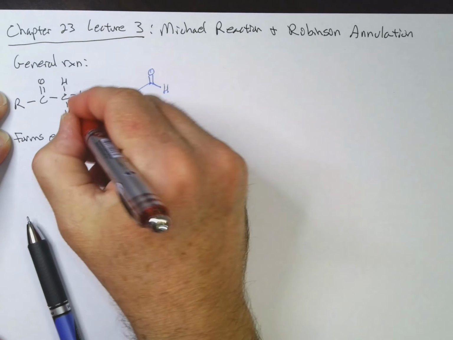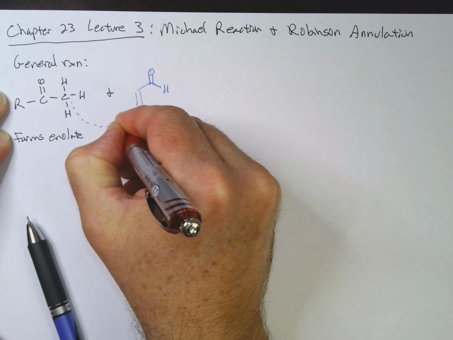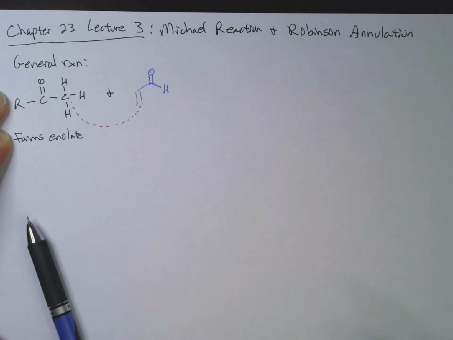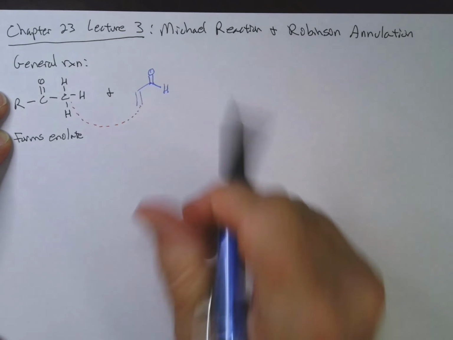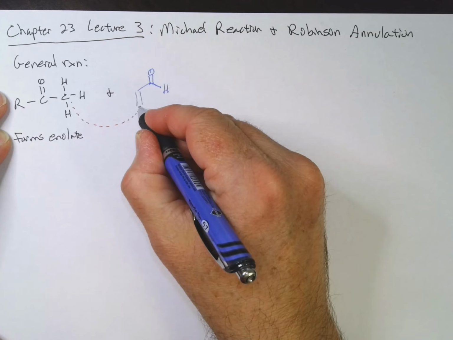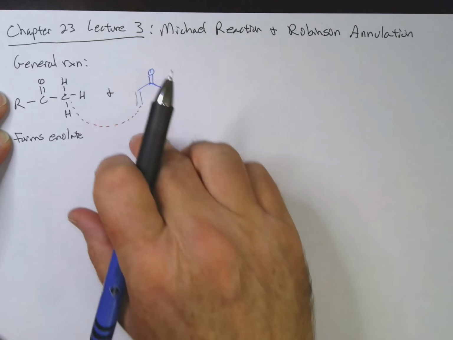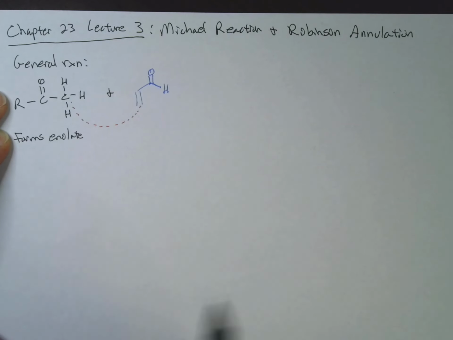We'll form our enolate, and it will add not to the carbonyl but to the beta carbon. Remember, as we've talked about before, this beta carbon is also electrophilic. Remember, a Gilman reagent adds there instead of adding at the carbonyl like a Grignard would.